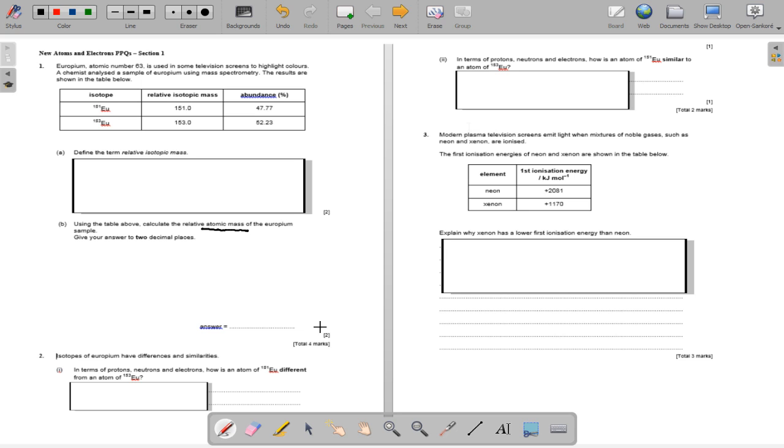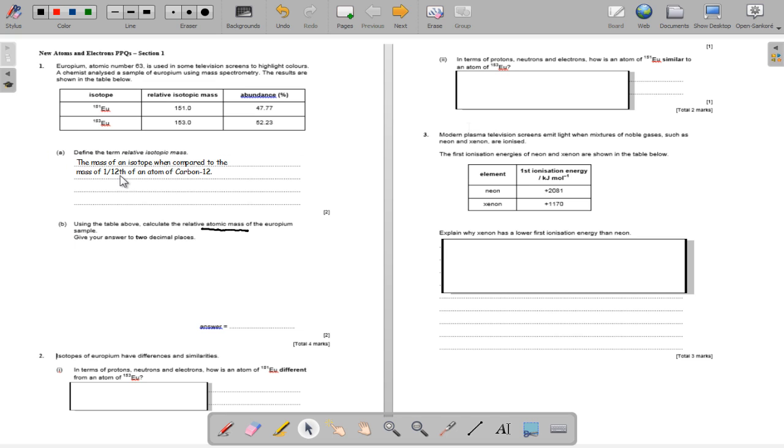Okay, we'll just delete this box. So the relative isotopic mass is the mass of an atom of an isotope when compared to the mass of 1/12 of an atom of carbon-12. And for the calculation, we just need to do 47.77 over 100 times 151.